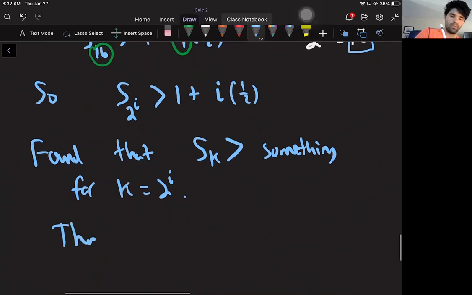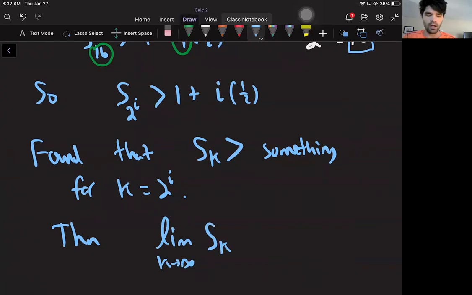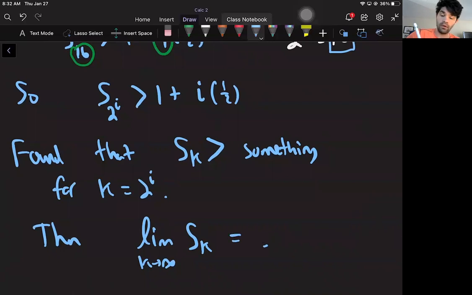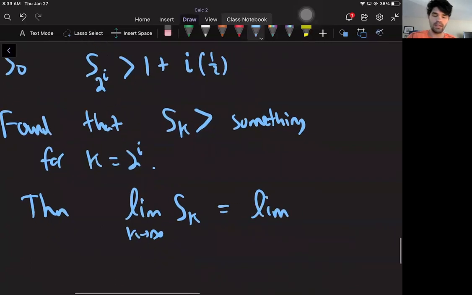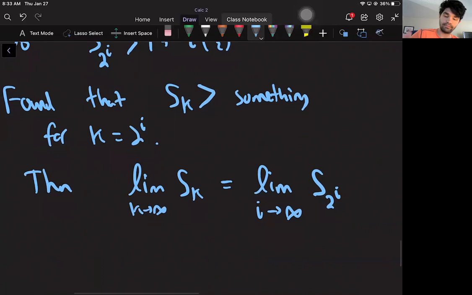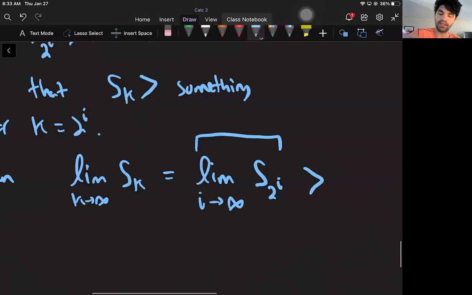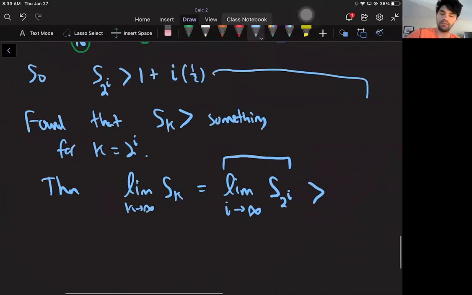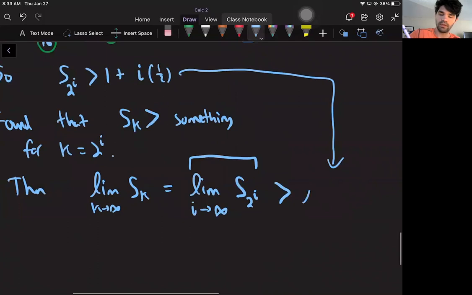So then the limit as K goes to infinity of SK is what we're normally going to do, but that's going to go the same place as the limit of just the powers of 2. So we're going to do these ones, 2 to the I is the power of 2s. So we can do this limit because that limit has to be bigger than, because of this limit.